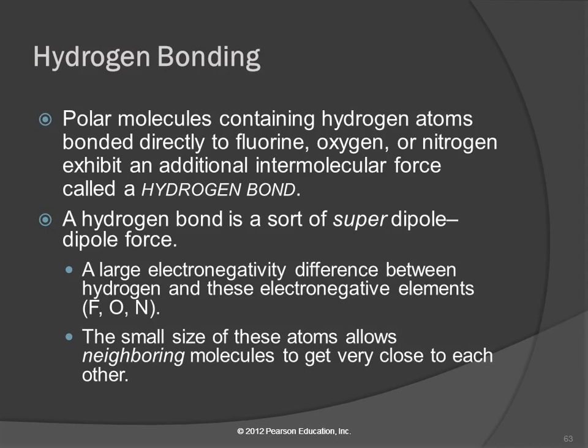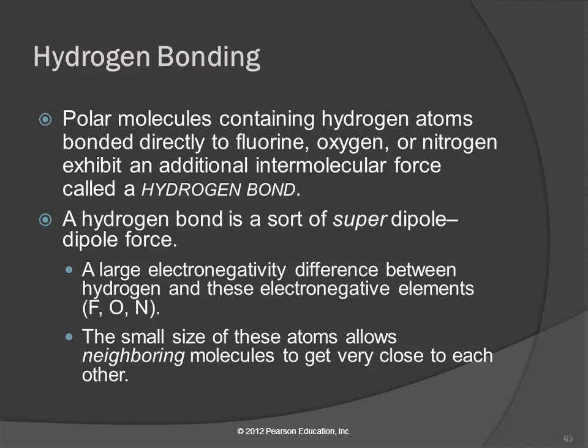The last type of intermolecular force is called hydrogen bonding, which is kind of a confusing name because that makes it sound like it's a covalent bond of some sort, and it's not. It's an intermolecular attraction. If we have polar molecules that have hydrogen atoms bonded directly to fluorine, oxygen, or nitrogen, that's an especially polar bond, and so the dipole-dipole force that's experienced between two such molecules is extra large.